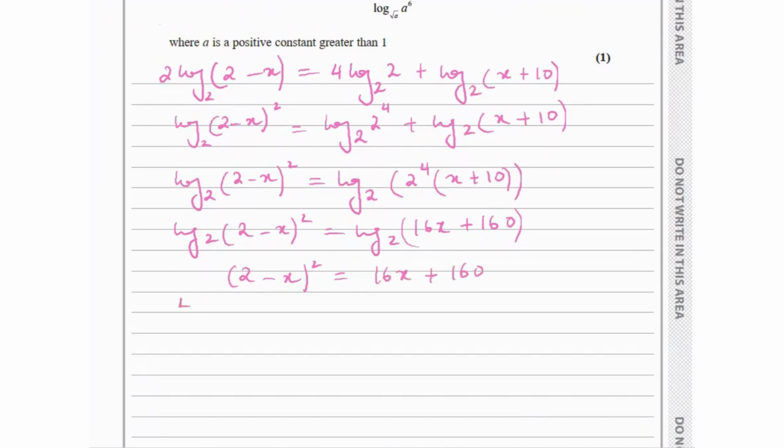Expand the bracket. 4 minus 4x plus x squared. Then we can bring all of the terms on one side and collect the like terms.